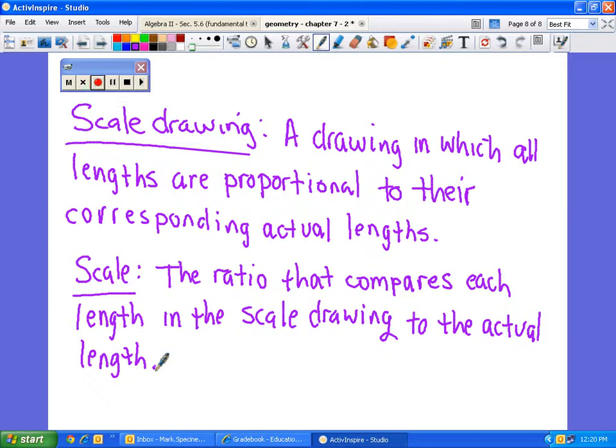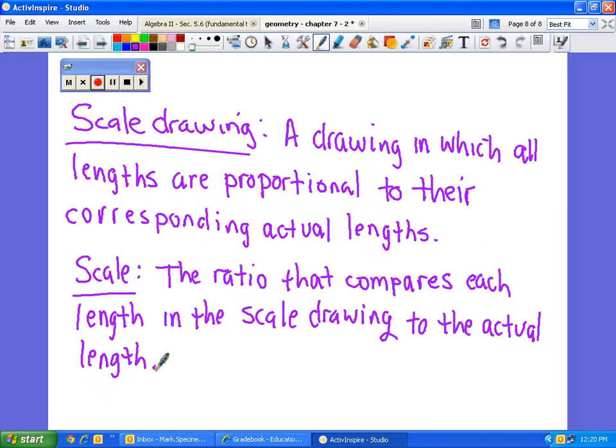When it says on the map, each inch is equal to 5 miles, that's the scale. The scale is the ratio that compares the length in the drawing to the actual length. So if you have a blueprint and it says 1 inch equals 1 foot, that's the scale. The blueprint is the scale drawing.